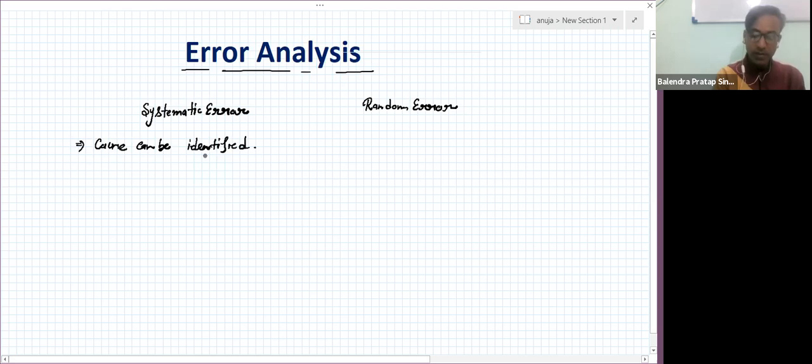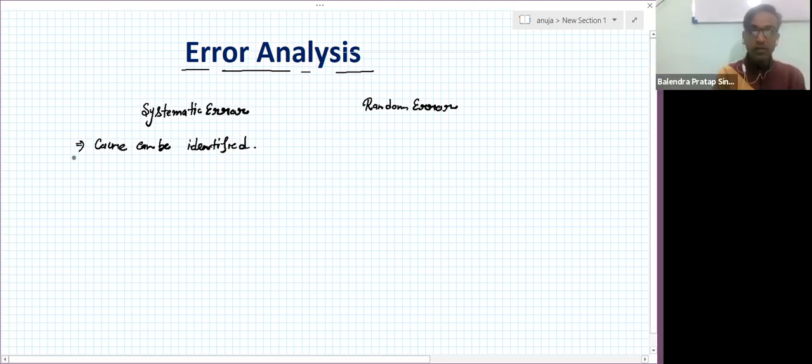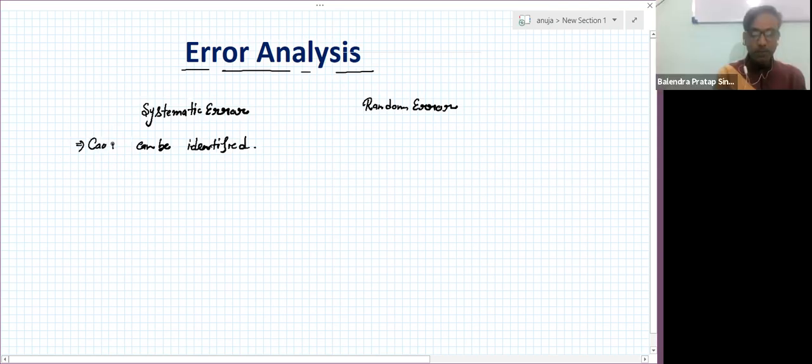The cause of the error can be identified. One more thing about systematic error: these errors are basically removable errors.